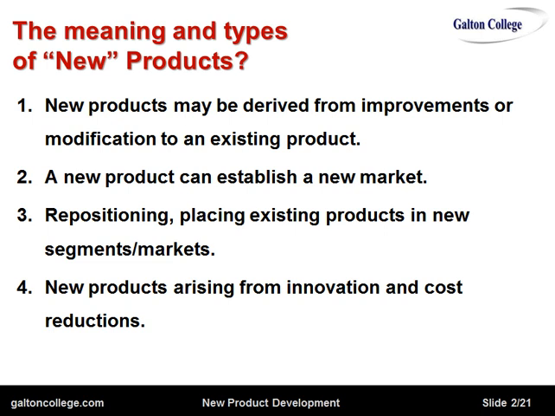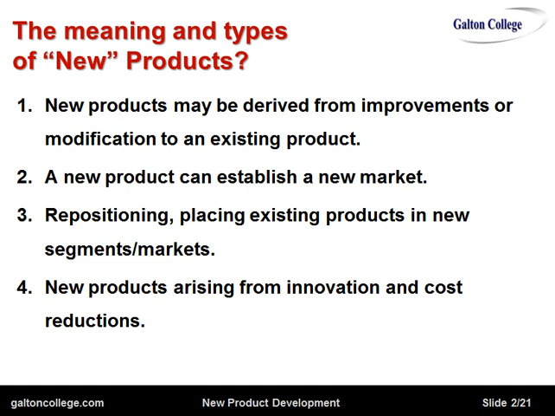Countless examples of this, but in recent times modifications and innovations with mobile phones, cell phones, have led to the introduction of a new market, a market for essentially telephones that access the internet and can play music and take pictures, and so there was a new market. The new product generated the new market.